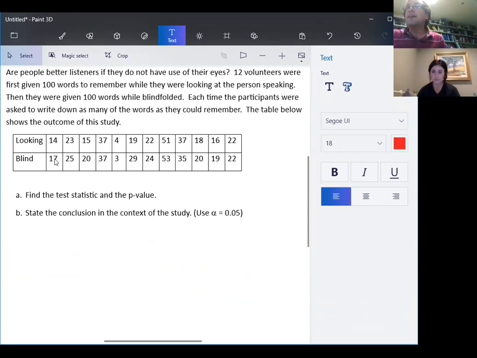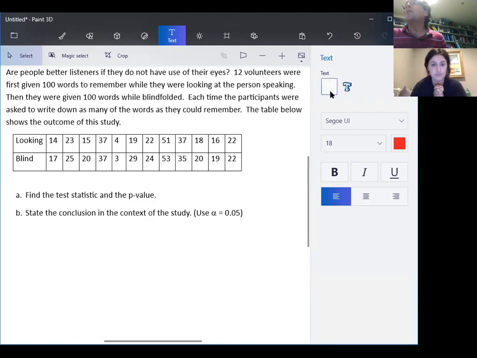So instead of thinking of it as a 14 and a 17, we can look at it as 17 minus 14, and we get the single number 3. Do you see that? So by looking at it as differences, we can think of this as a single sample. Any questions on that? And it's a sample of differences.